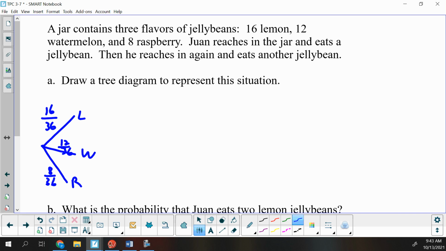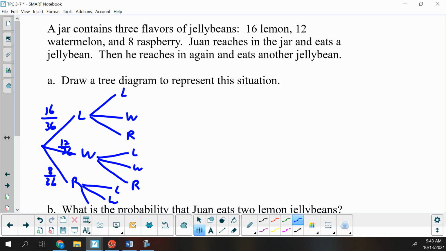Well, then in our second event, we're picking another jelly bean, so we want 3 branches, and in each case you could have lemon, watermelon, or raspberry. If you ate a lemon to start out, we now only have 15 lemons left, and there's only 35 total jelly beans left.